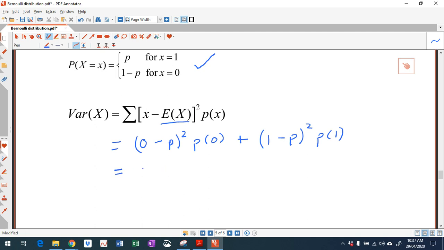So it's going to give us p squared times p of 0, which is 1 minus p, plus 1 minus 2p plus p squared, times p of 1. P of 1 is p.